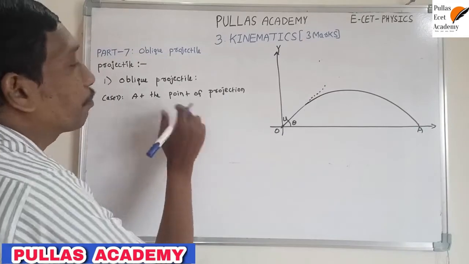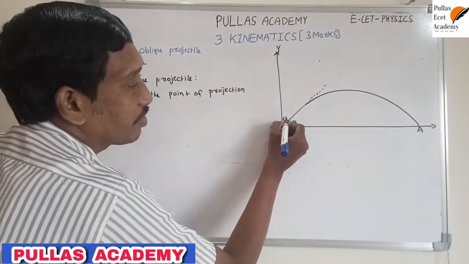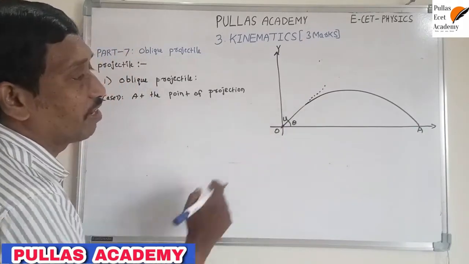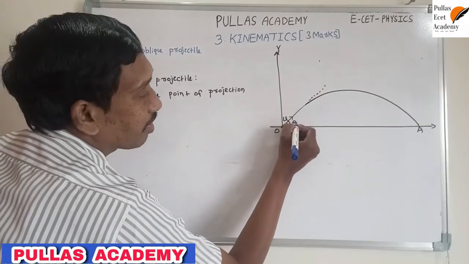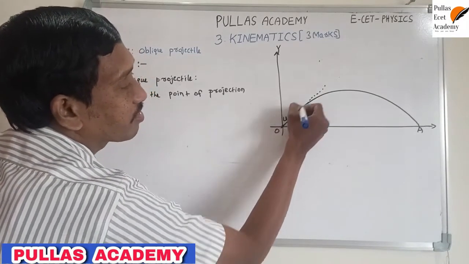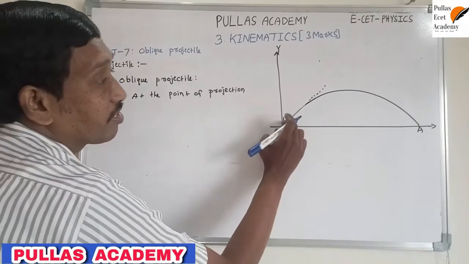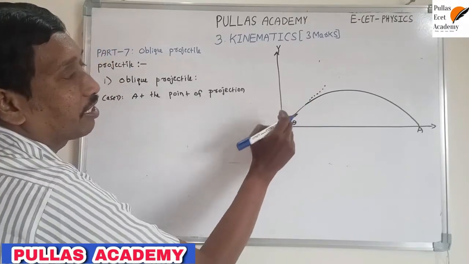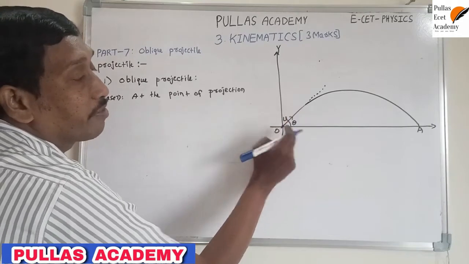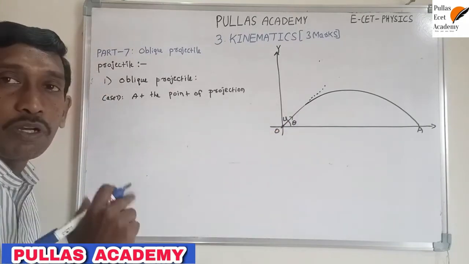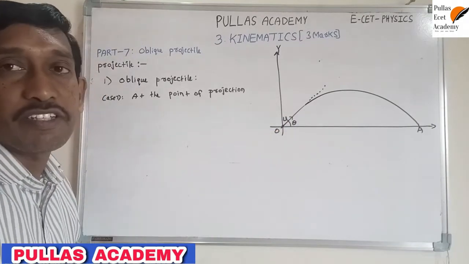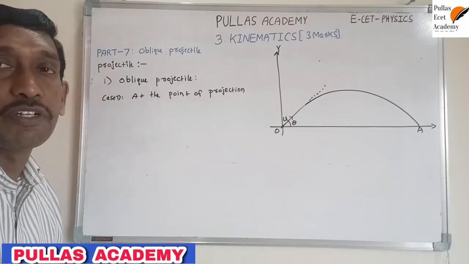Listen carefully. At the point of projection, the velocity is u. This is the initial velocity. It makes some angle theta with the horizontal, and this is the direction of the velocity. This is the magnitude of the velocity. Actually, this is an unknown direction in a plane, so it is divided into two parts. I already explained in vectors that any vector can be resolved into two components.